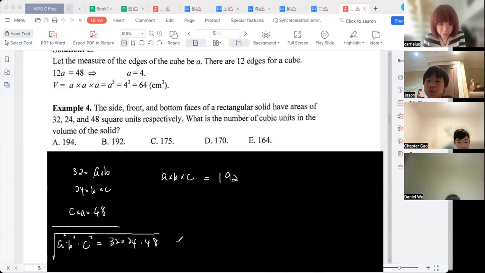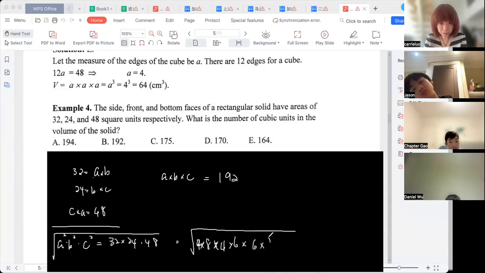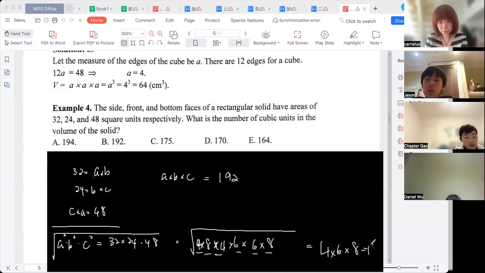And if somebody says, teacher, I don't have a calculator, I don't know how to take this square root, let me see: 32 equals 4 times 8, right? And 24 equals 4 times 6. And 48 equals 6 times 8. So you can see 4, 4, 6, 6, 8, 8. So the same thing, we just take out one of each. So it's 4 times 6 times 8 equals 192.